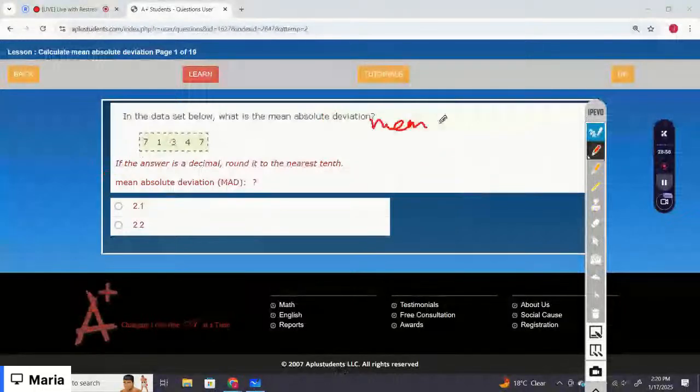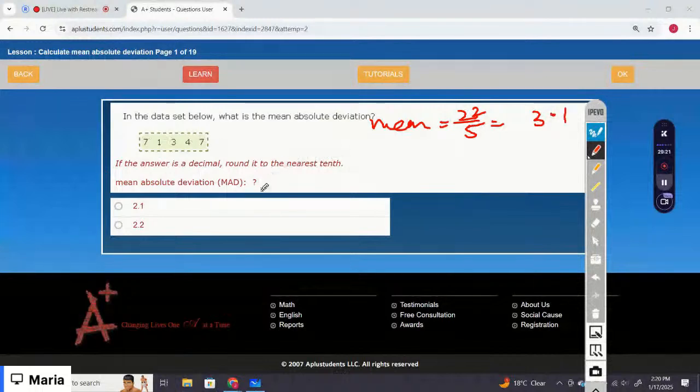So let me just add them first. 7 plus 1 plus 3 plus 4 plus 7, that is 22. The values are 1, 2, 3, 4, 5. So 22 divided by 5, that is 3.1.